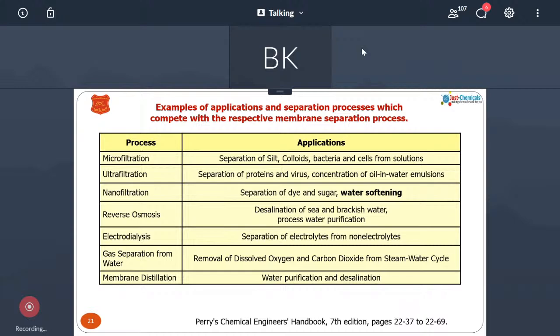So that was also increasing the conductivity of the water, and sodium is not so good as far as corrosion is concerned. So now nanofiltration is being used for water softening, where only divalent or multivalent ions are separated, and others remain in the water.